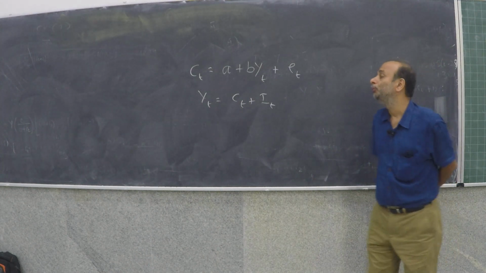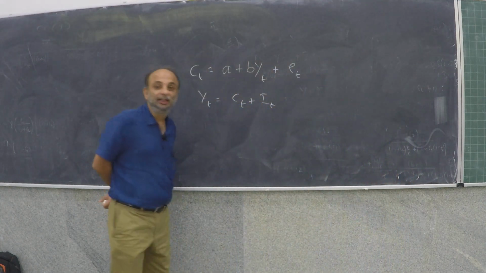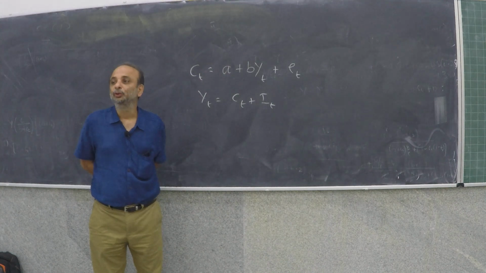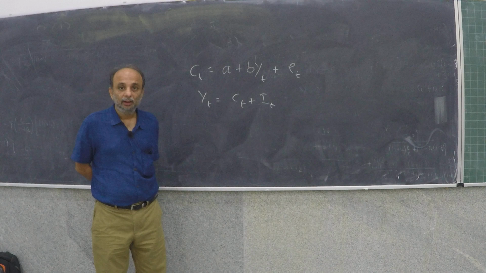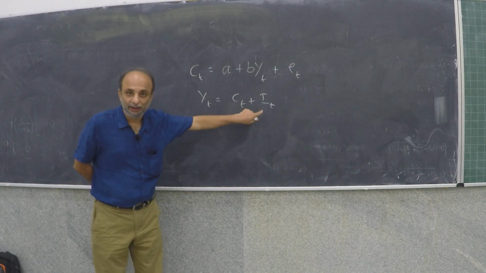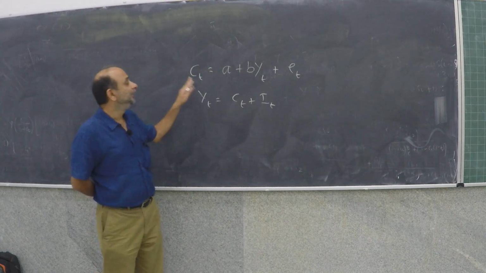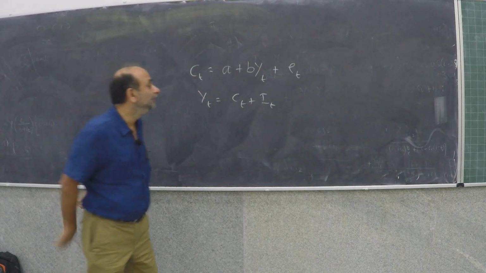The values of both C_t and Y_t are determined within these equations. If you know I_t, you can figure out Y_t. Y_t will be determined if you know C_t and I_t, and C_t will be determined if you know Y_t. But I_t is given exogenously.